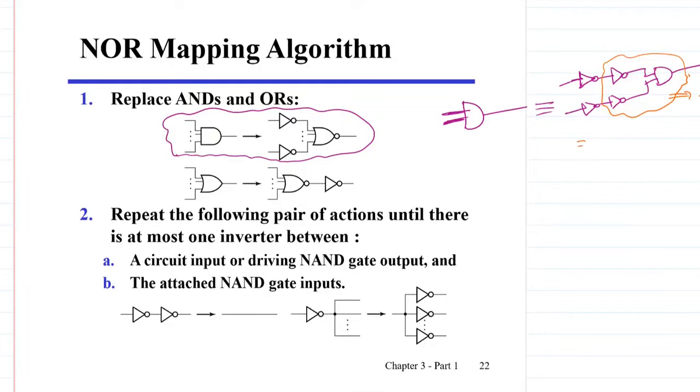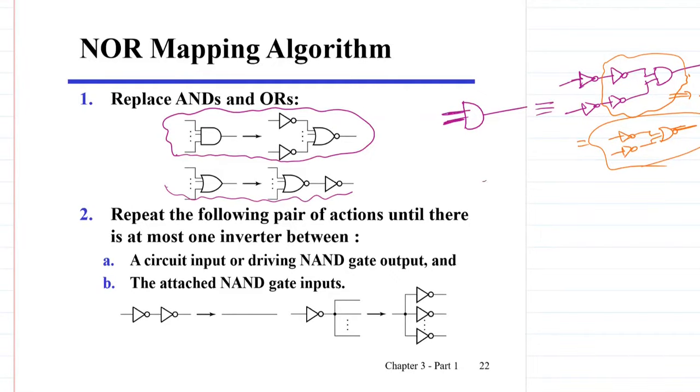So we will end up with 2 inverters at the input side and the NOR gate at the output side. Therefore, the AND gate will be replaced with this equivalent inverter and the NOR.